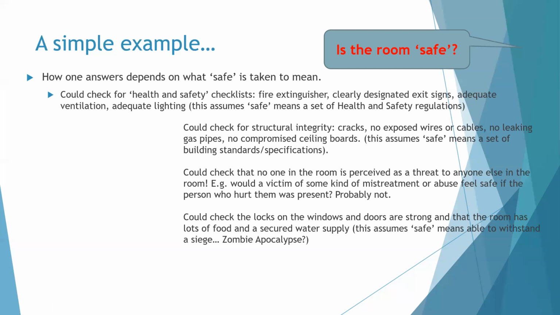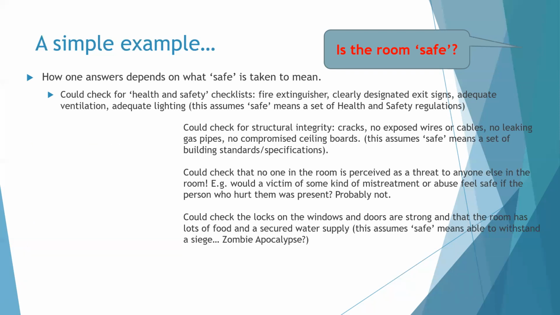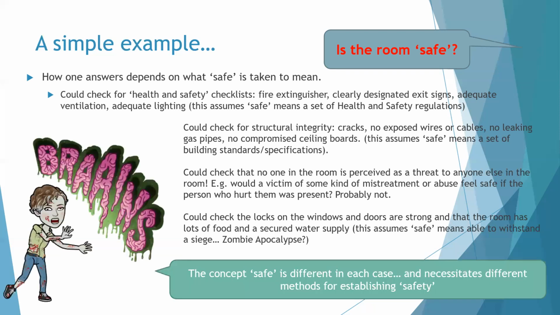Perhaps what you mean by safe is that the room is able to withstand a zombie apocalypse. The point being that what safe is different in each case, and the methods that you would use to establish the room's safety would be different. You would never use a gas meter to detect the presence of abuse and abused and abuser in a room. That's just not a method that's valid for checking that type of emotional safety.